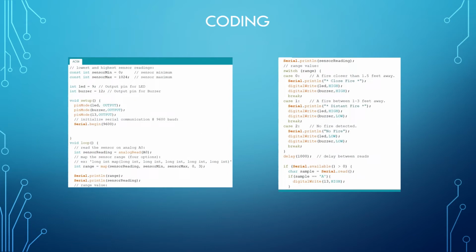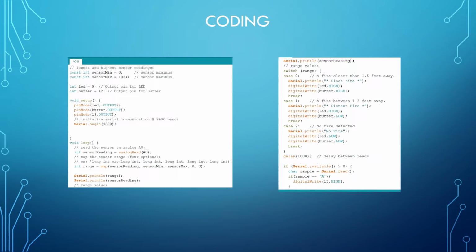And for coding, as you can see in the coding, we use buzzer and LED as output in this project. The buzzer is connected to the Arduino at pin 12, and the LED is connected to the Arduino at pin number 9.